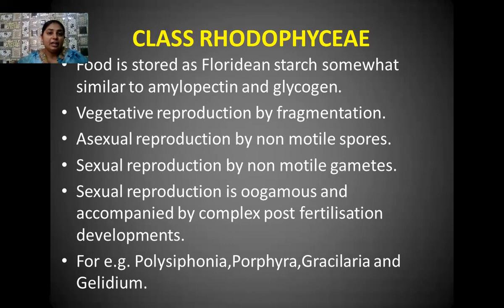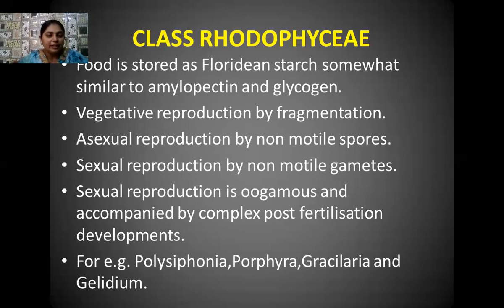Student, regarding the food storage, food is stored as floridean starch. And this floridean starch is somewhat similar to amylopectin and glycogen. And about their reproduction, vegetative reproduction here takes place by fragmentation, whereas asexual reproduction takes place by non-motile spores. And sexual reproduction also takes place by non-motile gametes.